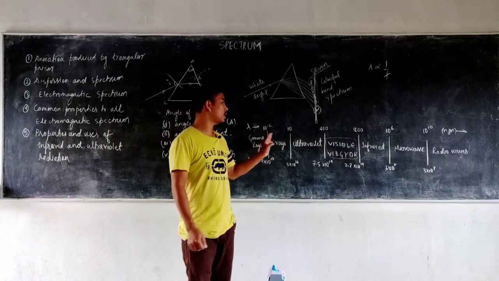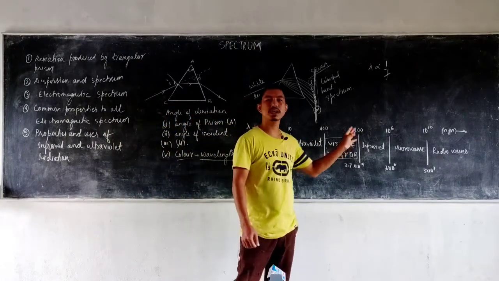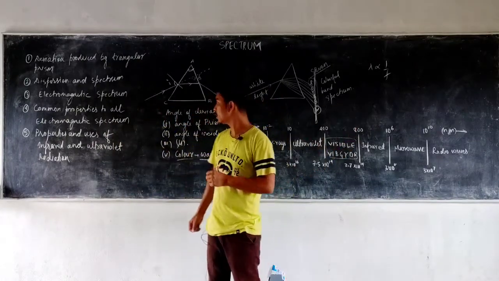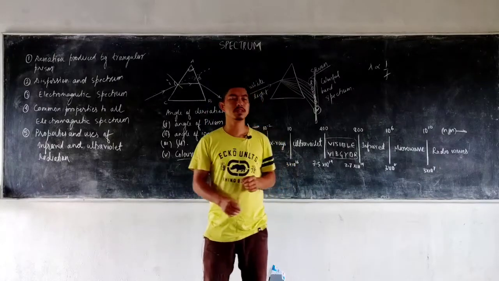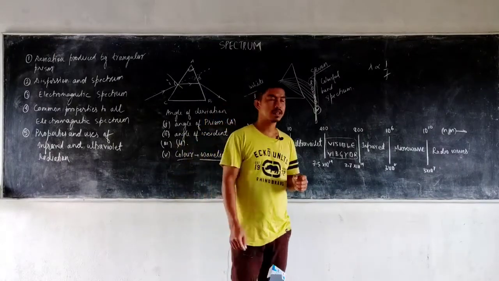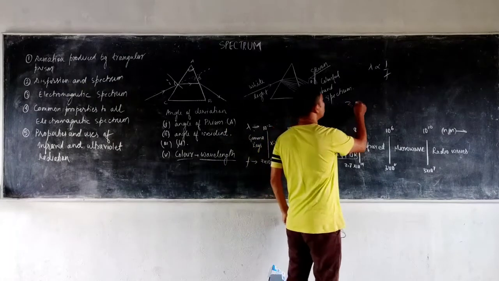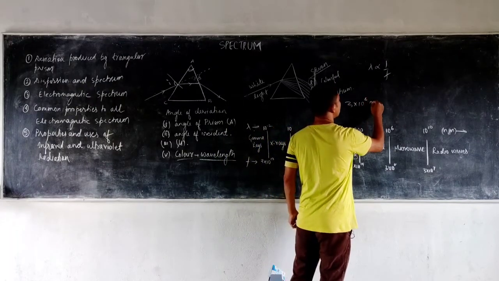Whether it's a gamma ray, X-ray, ultraviolet, visible, infrared, microwave or a radio wave, the first common property is that all of them travel with the same speed, that is the speed of light, 3 into 10 to the power 8 meters per second.